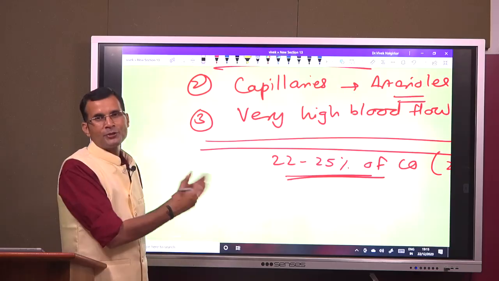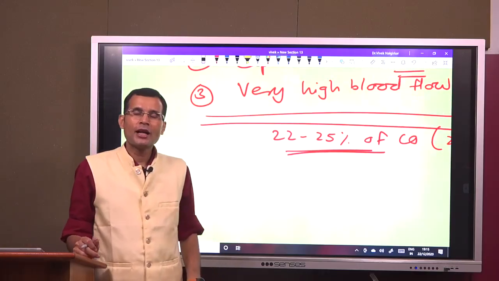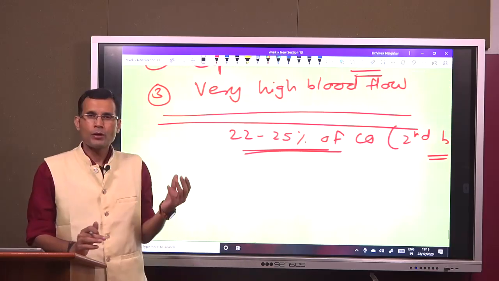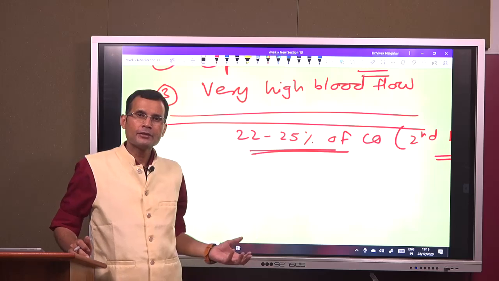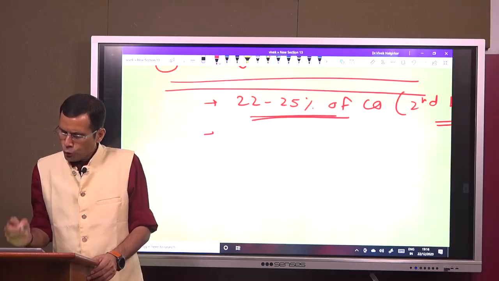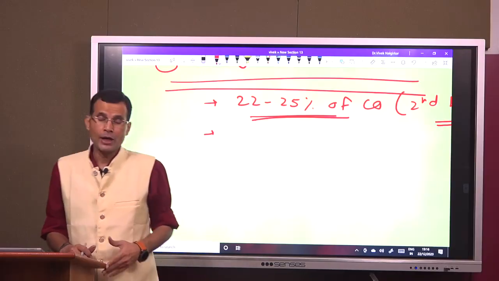Okay, so coming back to the topic at hand, 22 to 25% of the cardiac output, very high. Just 2% of the weight of the body and 25% of cardiac output. Also, blood flow per 100 gram of tissue per minute, that also is very high.